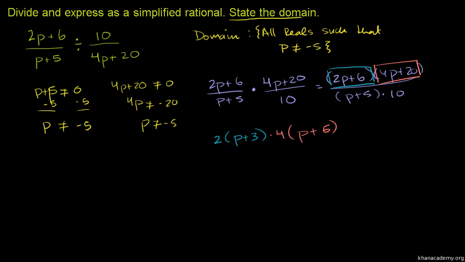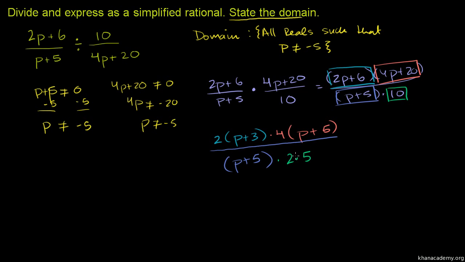And then we have our p plus 5 down there in the denominator. And then even 10, we can factor that further into its prime factorization. We can factor 10 into 2 times 5. That's the same thing as 10.